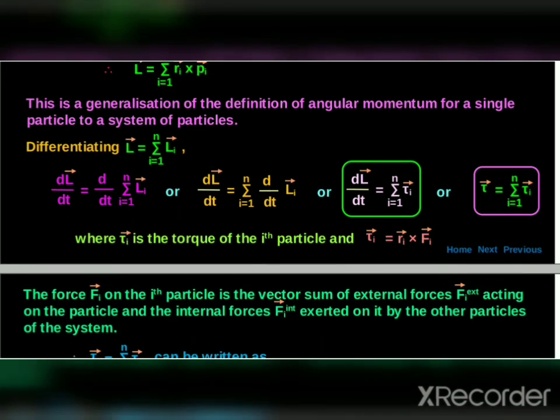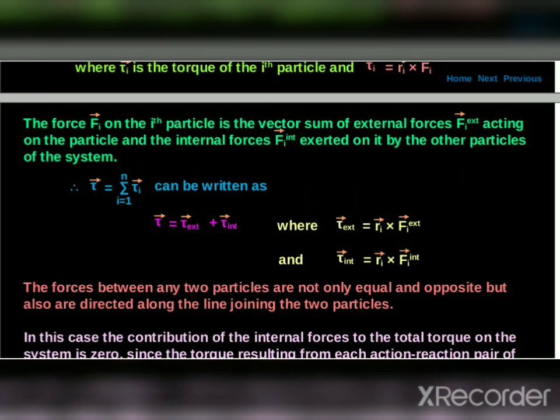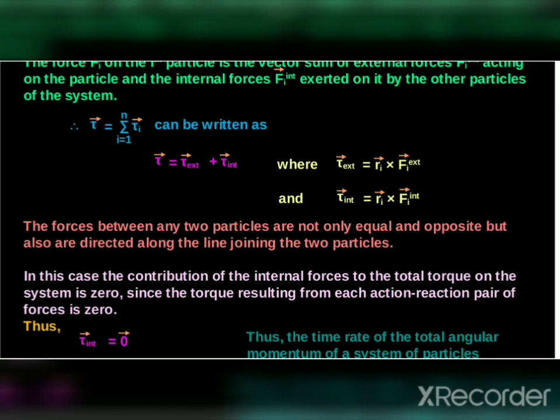Where the torque of the ith particle is ri cross Fi. Okay, so the torque is equal to the summation of torque i, where i is from 1 to n, and it is a combination of internal and external terms also. Internal is ri cross Fi internal, and external is ri cross Fi external.